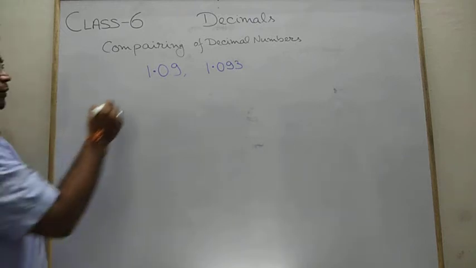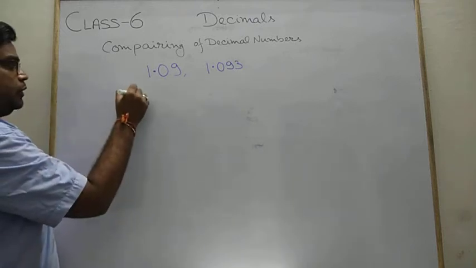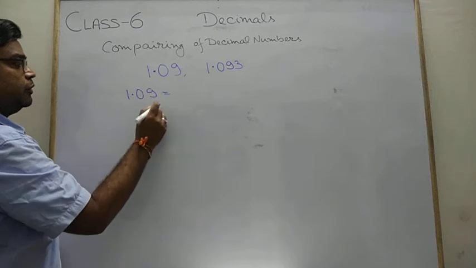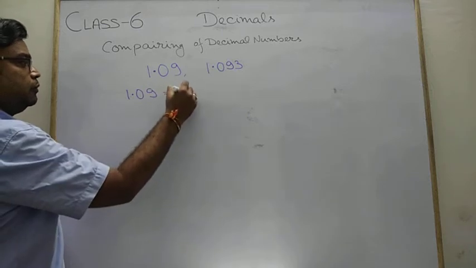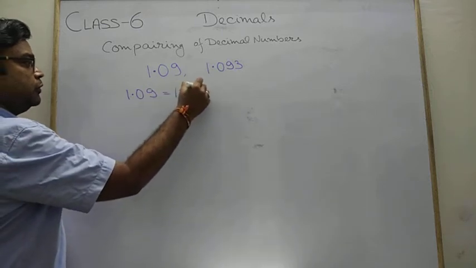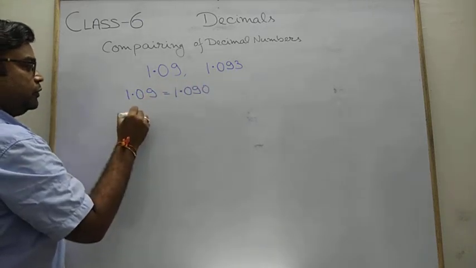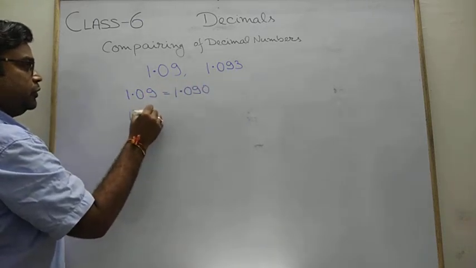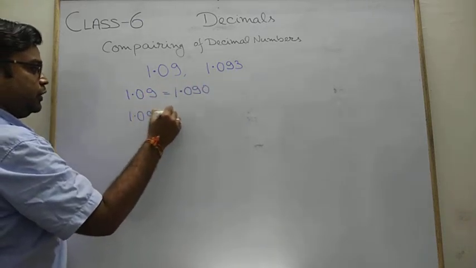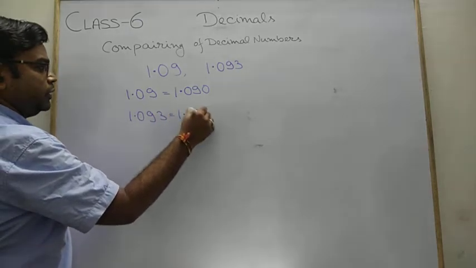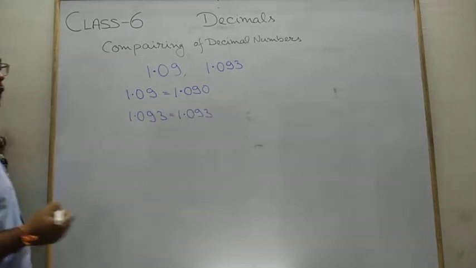So first write down 1.09, it is equal to 1.090, because after the decimal we need only 3 digits.